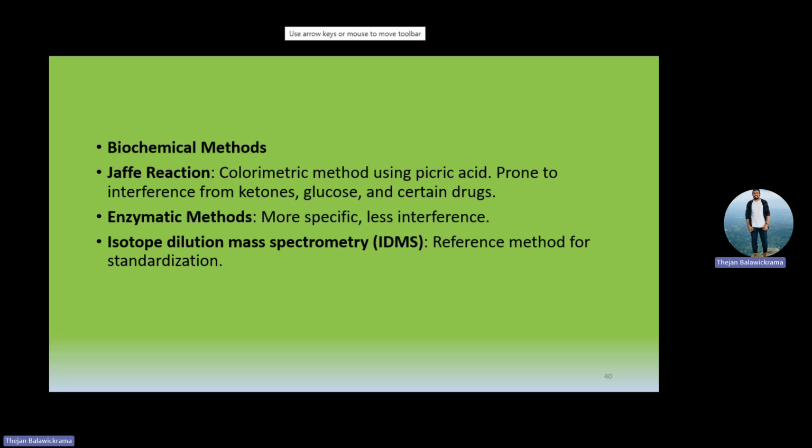That is about the interference from ketones, glucose, and certain drugs. But anyway, basically, if those drugs, if those substances are there, our test results are going to be wrong. Drugs, ketones, glucose, like that. Because of that, we are using enzymatic methods.